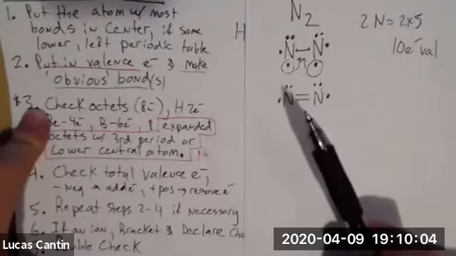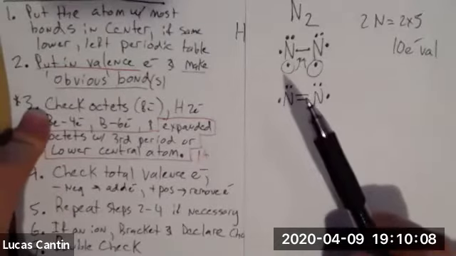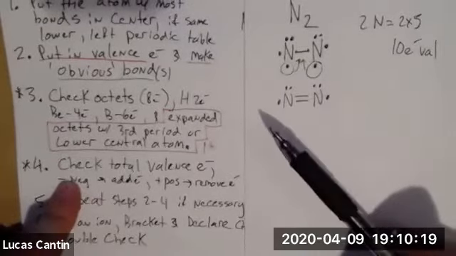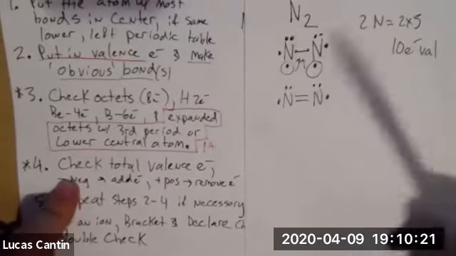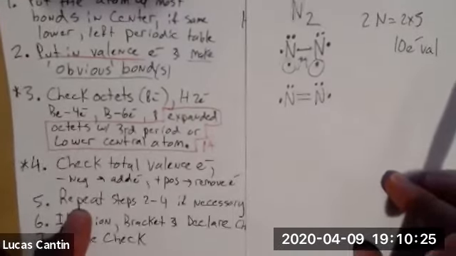Yeah, so each stick counts as 2. So the two sticks in the middle count as 4, 5, 6, 7. So this nitrogen has 7, that nitrogen has 7. So I still haven't done it right. Well, do I have 10 total valence in this structure? It looks like I see 6 dots and 2 sticks. That's 10. So I can't add any, I can't take any away. I have to repeat step 5 again.